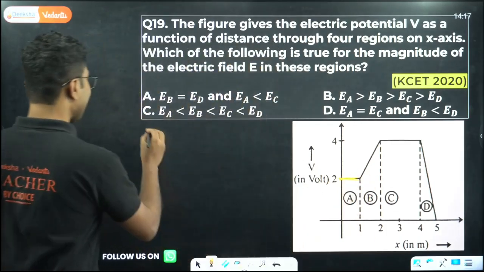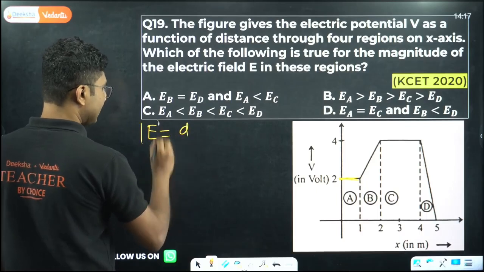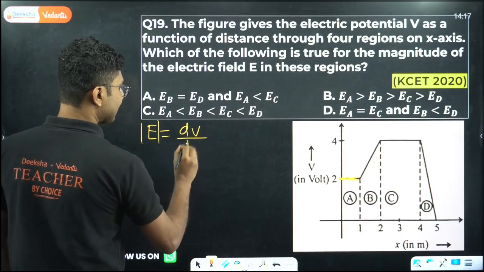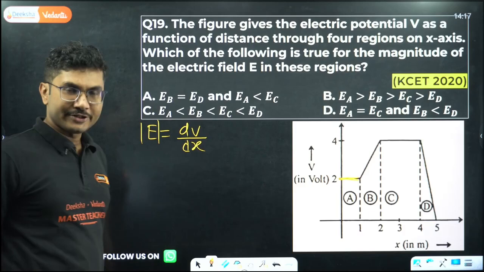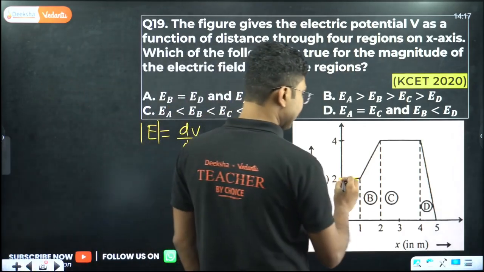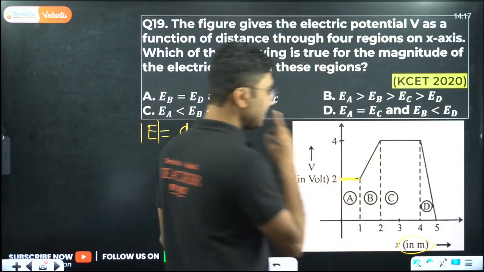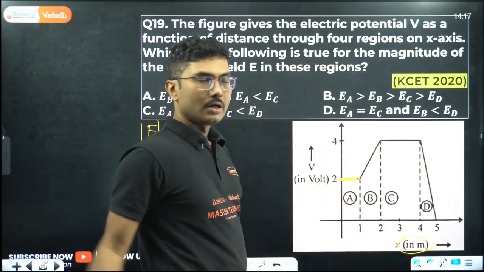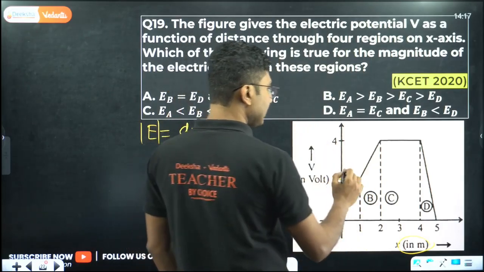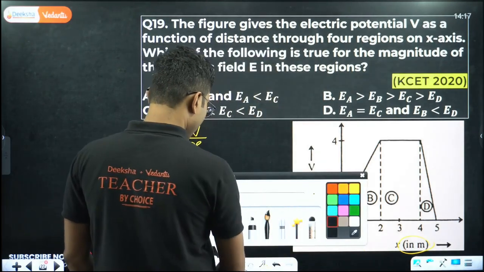You know that the electric field magnitude is given by dV by dx, the change in potential divided by the change in distance. So here, going in this direction, this is the distance x and this is the voltage. Here dV is 0, which means the potential does not change at this particular point.